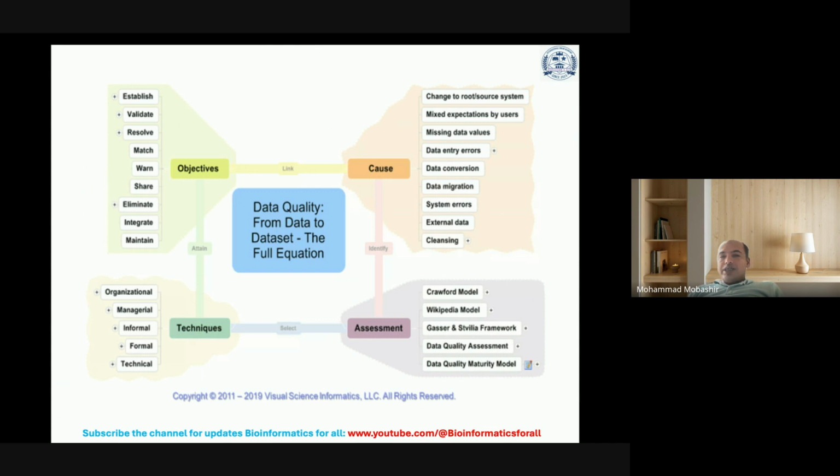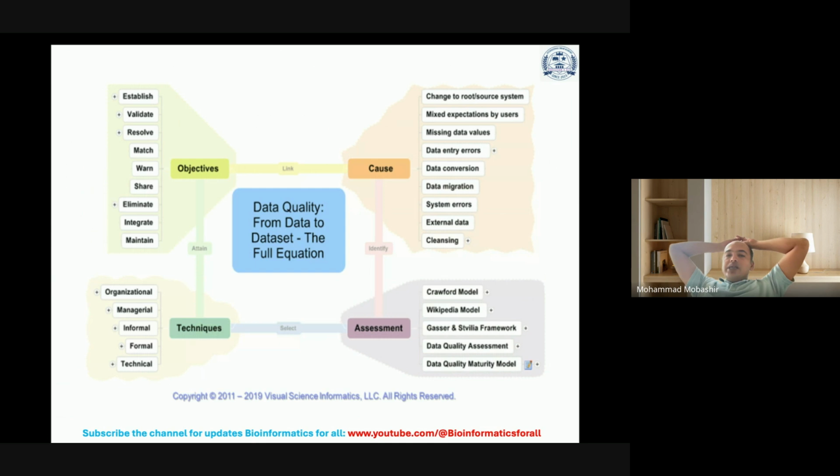Now, if you want to understand data science, you can see here how exactly it works when you start working on data science. So the data quality, from data to data set, the full equation could be seen here.